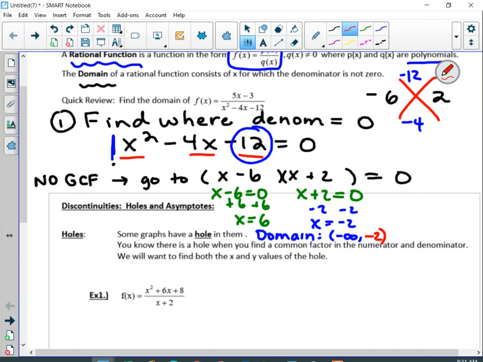So I'm basically saying, here are the x's that'll work for this function from -infinity up to -2. But -2 is no good. From -2 to 6 is all good. But 6 is no good. And 6 to infinity.